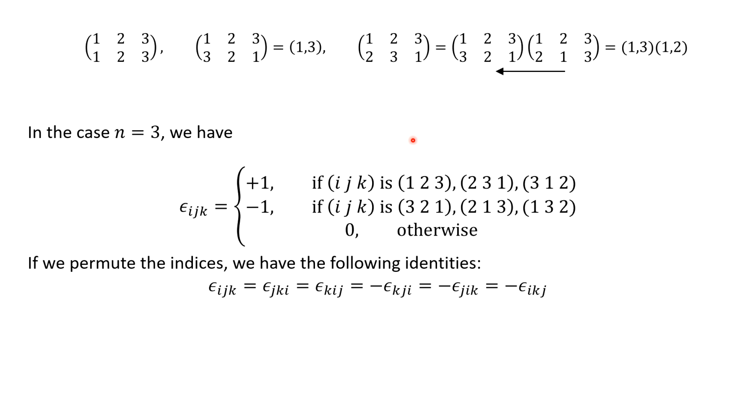That gives you the 3 even ones. And then you can do the same if you take this in reverse order and do the same shifting I described, you would get the 3 odd ones. That's what I'm depicting here. This type of memorization technique works even for n greater than 3.